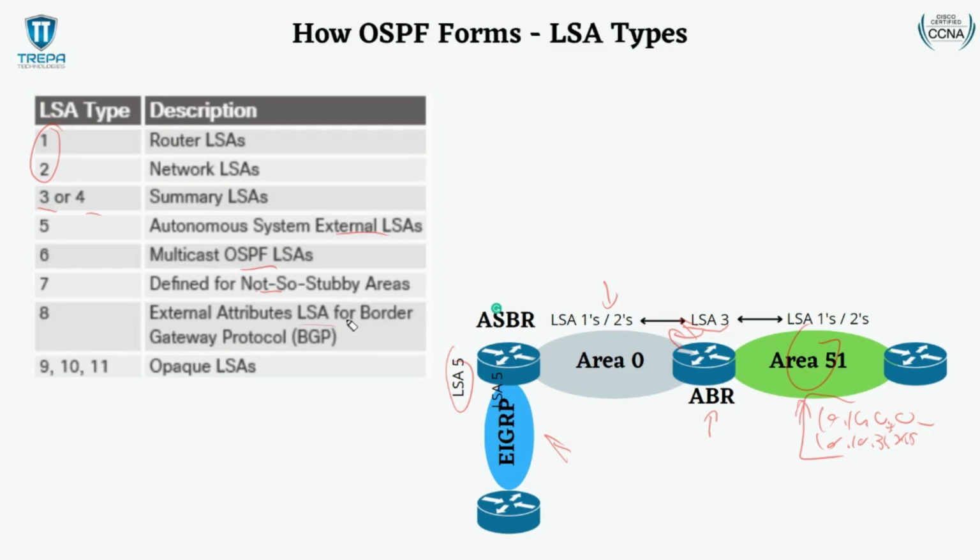External attributes LSA for more fine tuning you can do with BGP. And then we have these type 9, 10, and 11s, which, to be honest, off the top of my head, I don't know what they're used for. Probably just so you can make your own LSA type, right? But again, really the only ones on the CCNA exam you need to know about are type 1 and 2.